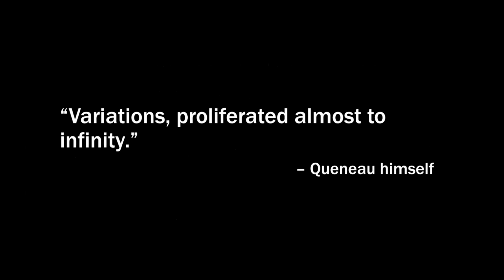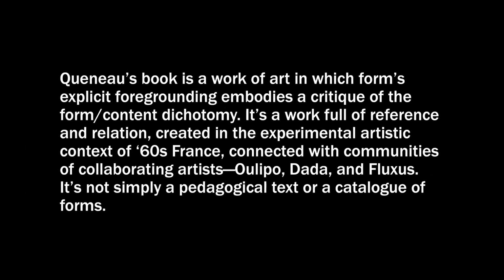techniques. If you trace back what Queneau himself was thinking about when he wrote this book, he was thinking about Bach, and in particular, Bach's Art of Fugue, which he described as variations proliferated almost to infinity. So you don't hear Queneau saying that he was writing a book of pedagogy or a book of style in the sense of Strunk and White or Kernighan and Plauger or Lopez herself, but rather he was working through the incredible proliferation of variation that he could think through.